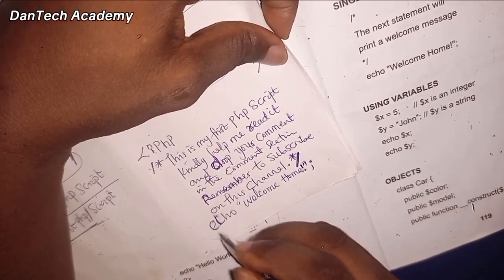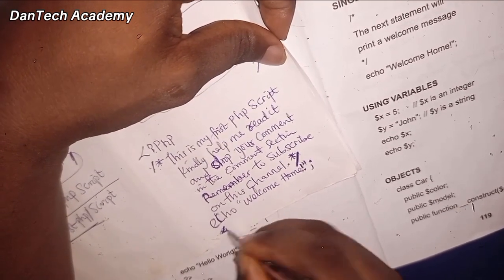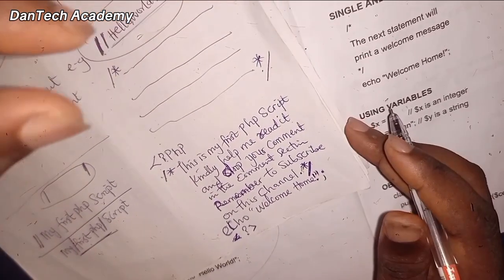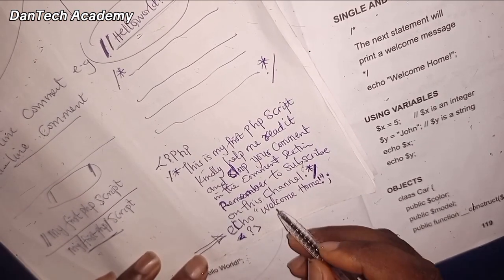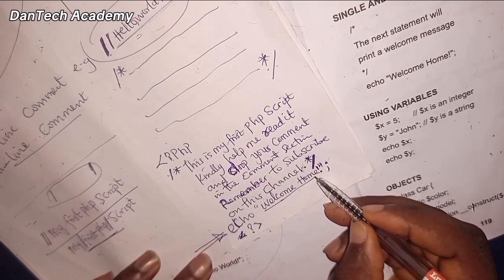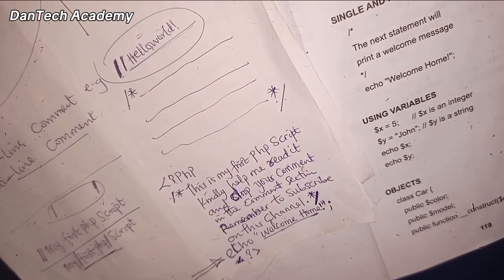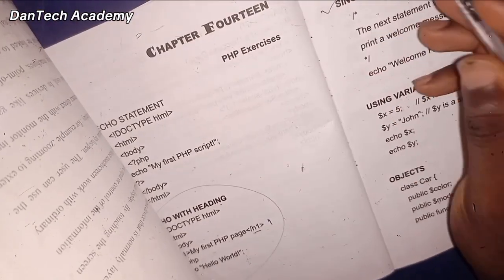Then you now close your tag, this question mark and closing. So the only thing that people can see here is this. They will only see welcome home. Every other part, they will not see. So that is for that. We have done this one.